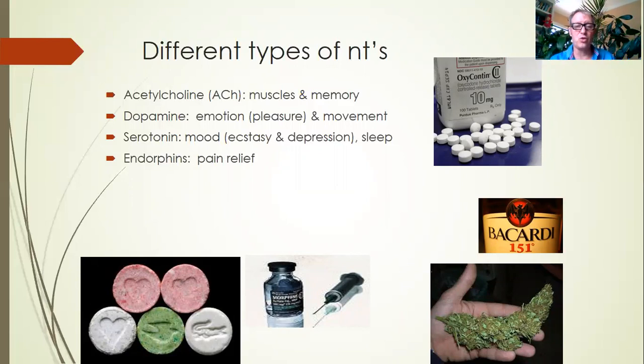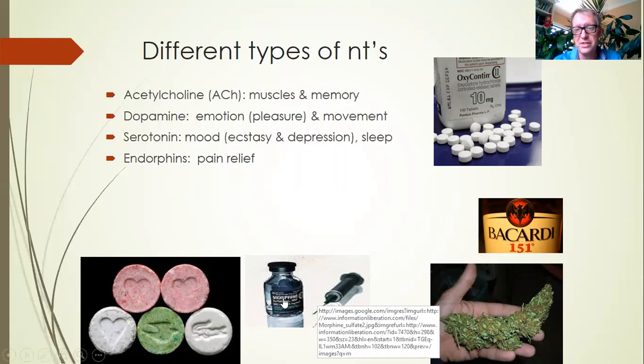Another neurotransmitter, endorphins, and I have these pictures up here on this slide for a reason. Morphine is a drug that obviously blocks pain. Some people may have had that before in a medical procedure. But we have natural neurotransmitters in our body that have the same molecular shape as morphine. They're called endorphins.